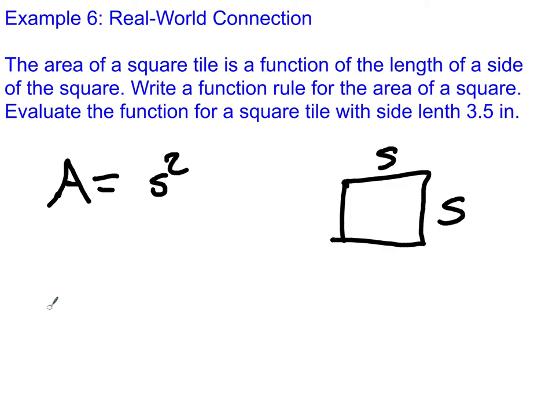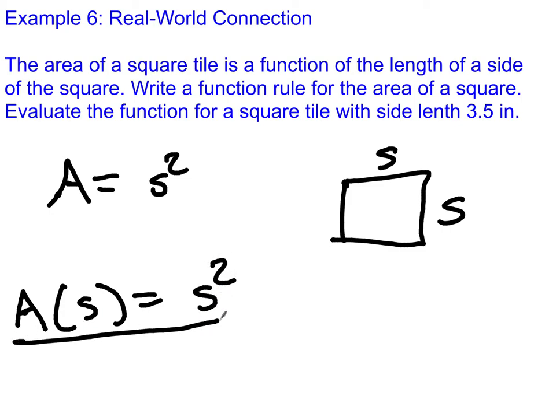If we're going to use function notation to write it, we want to write a of s is equal to s squared. The area of a square, a of s, is the side squared. So here's our function. Our function a, area of a square, is equal to side squared. Now let's evaluate it.